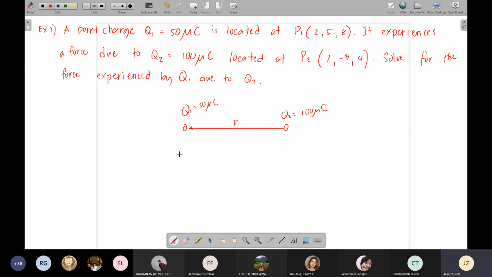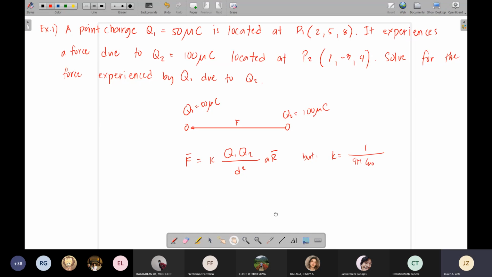Now, how to solve? Since force ang gipangita, so recall force is equal to K times Q1 Q2 over d squared with the direction. But take note, K is equal to 1 over 4 pi epsilon naught.